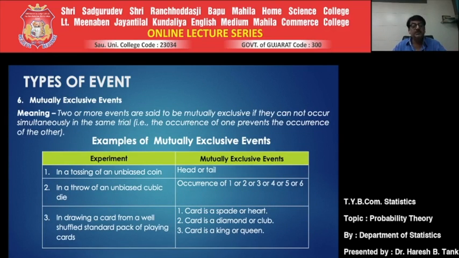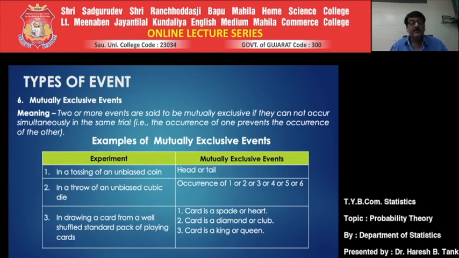Mutually exclusive event. We have seen it earlier also, but again we are viewing it in terms of some examples. Two or more events are said to be mutually exclusive if they cannot occur simultaneously in the same trial. That means the occurrence of one prevents the occurrence of the other.